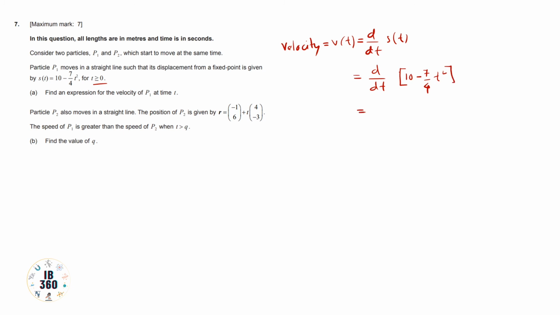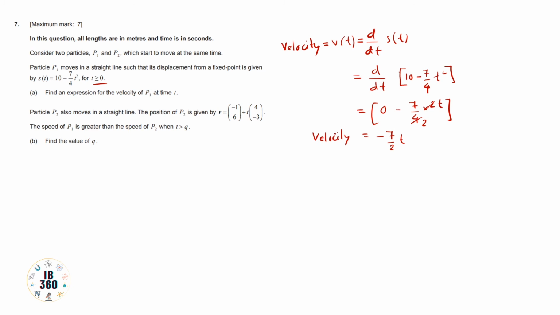So d/dt of the constant term is 0, minus 7 by 4 into 2t. So this is the result after derivation. So the answer is minus 7 by 2t. So this is the velocity. Velocity is minus 7 by 2t.